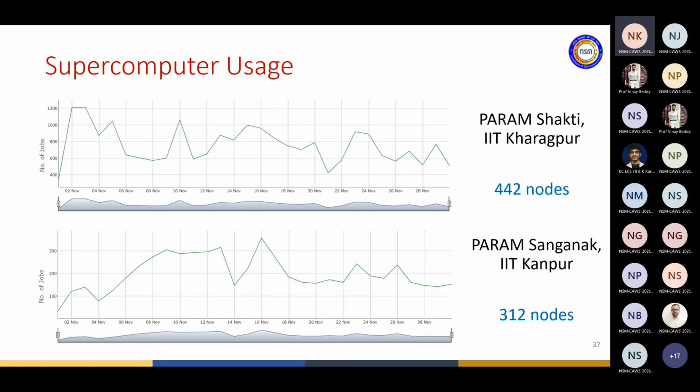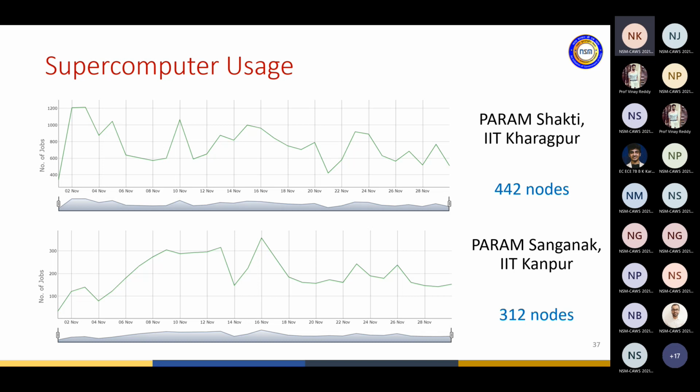And this is something that I got from their website, nsmindia.in, which shows you the usage of the system. You may have read about CPU throughput, how much CPU utilization and so on, right? Here, what they are showing is how many jobs were actually running. I couldn't find a picture which shows how many nodes were in use, but they have a usage report which shows how many jobs were running.